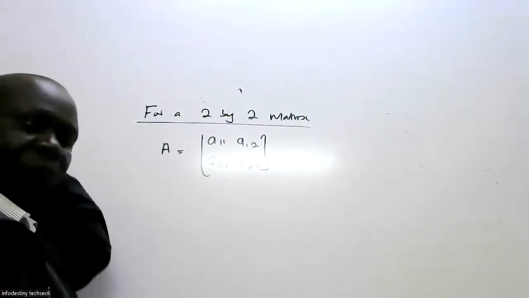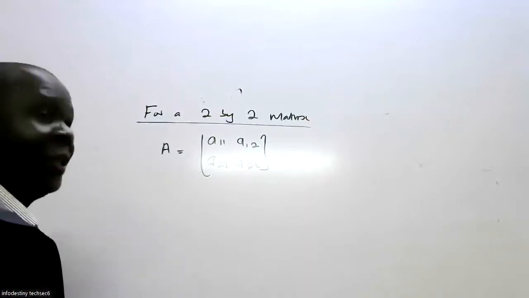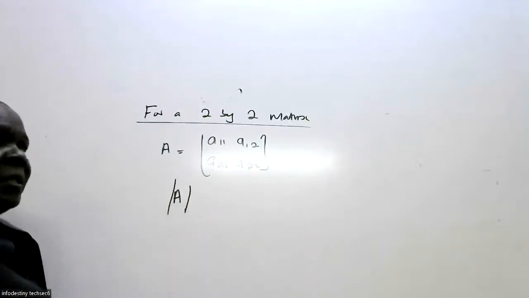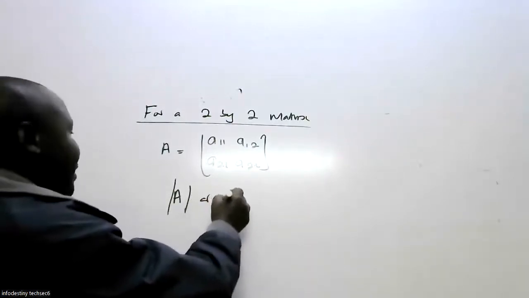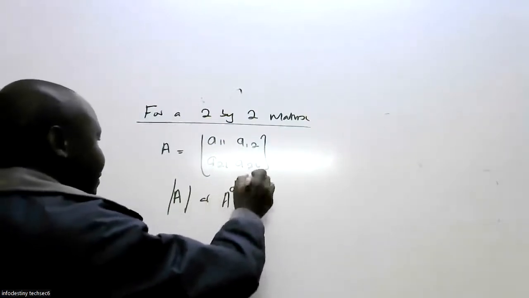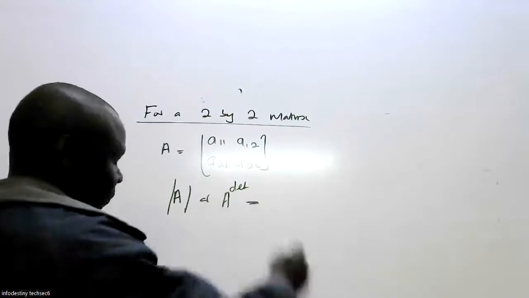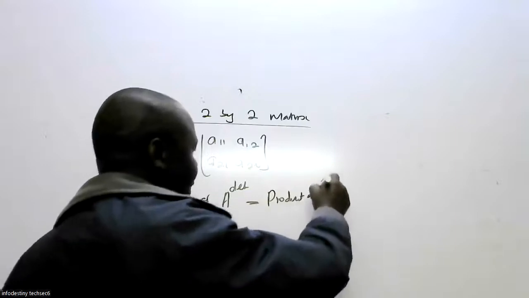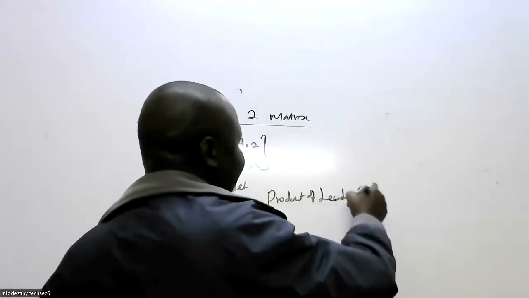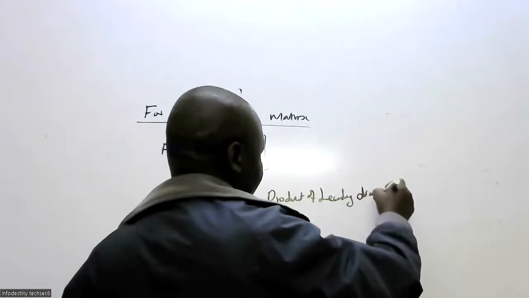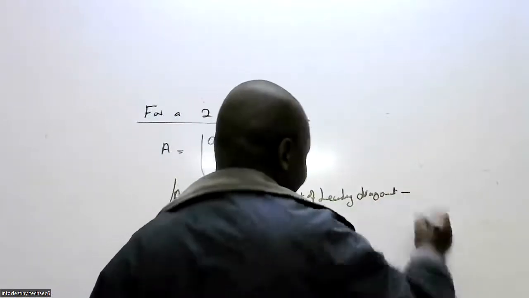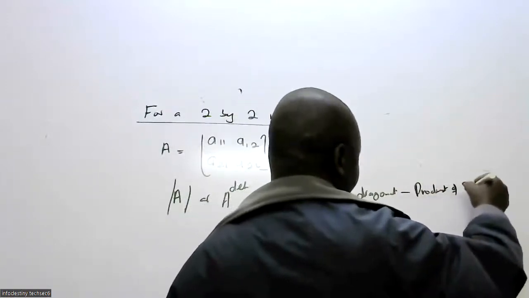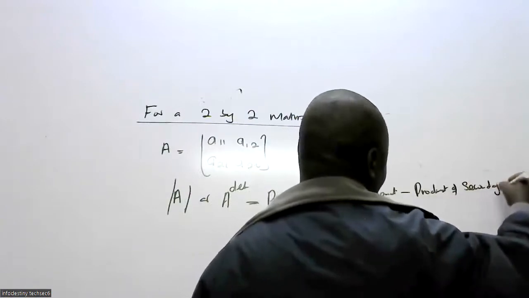Now, if you are told to find the determinant of this, then the determinant of A, which you write like this, or you can write |A|, will be equal to the product of the leading diagonal minus the product of the secondary diagonal.